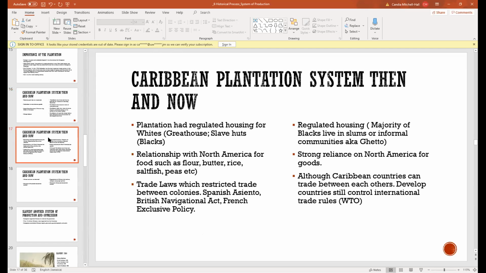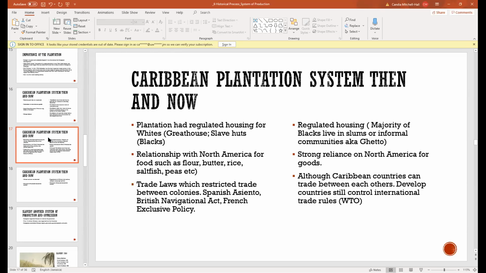Next, regulated housing. Regulated housing was also a feature of Caribbean societies. Today, we still have regulated housing. The majority of Blacks live in the slums or informal communities, what we call the ghetto.